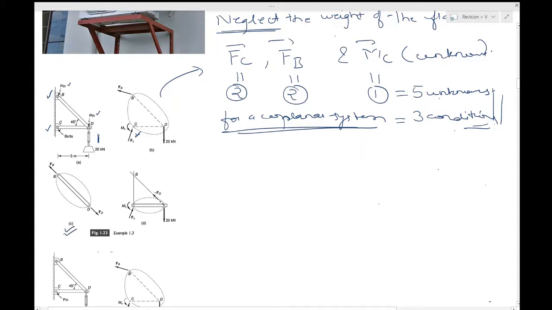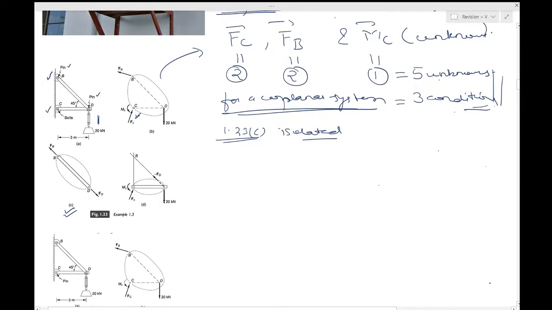So if you look at C, we have isolated 1.23c. You have isolated the bar BD, and you want to draw a free body diagram of it.